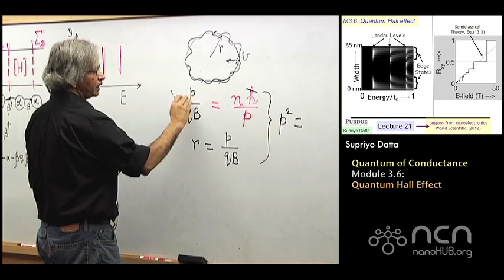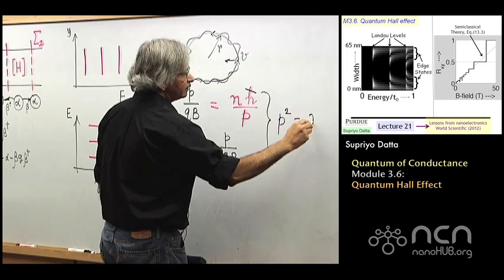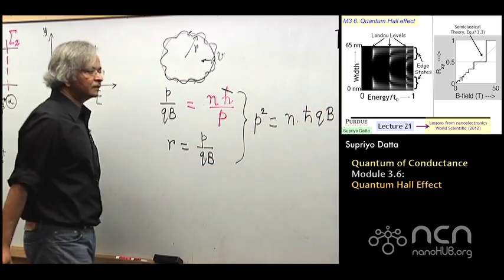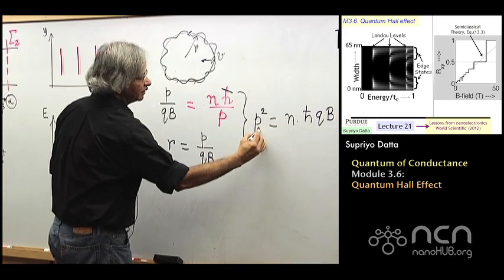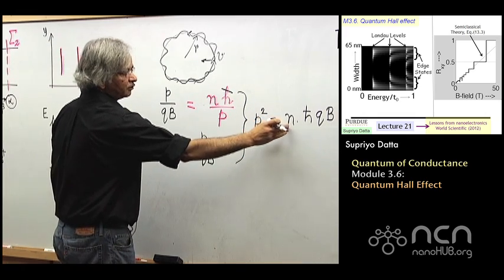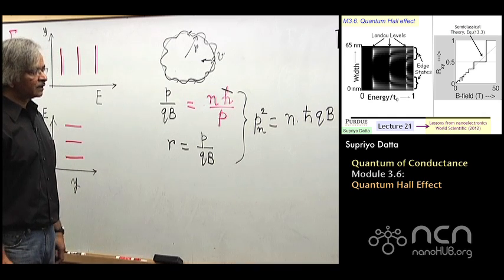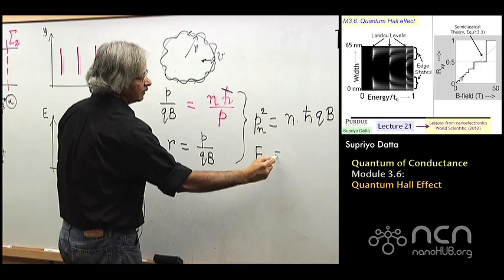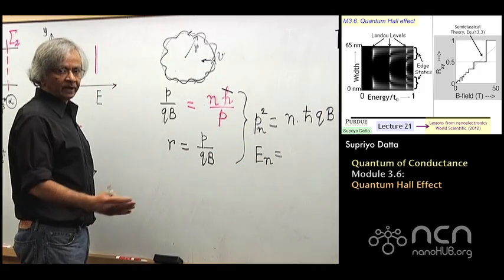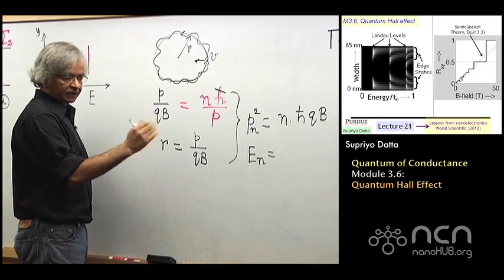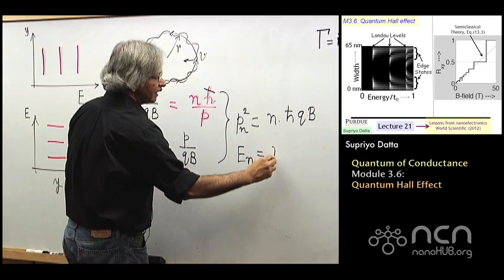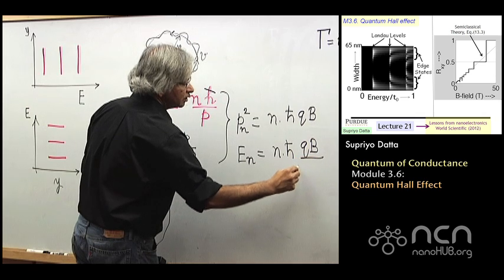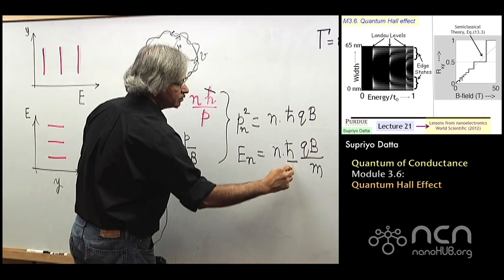So I could say p squared is equal to n times h bar qB. So only specific momenta would be allowed, Pn, corresponding to different values of that integer. And then I could find the corresponding energy, En, by taking Pn squared over 2m. P squared over 2m is like the energy. So that gives me n times h bar times qB over m. I guess I had a 2 here, so I'll put that 2 here.